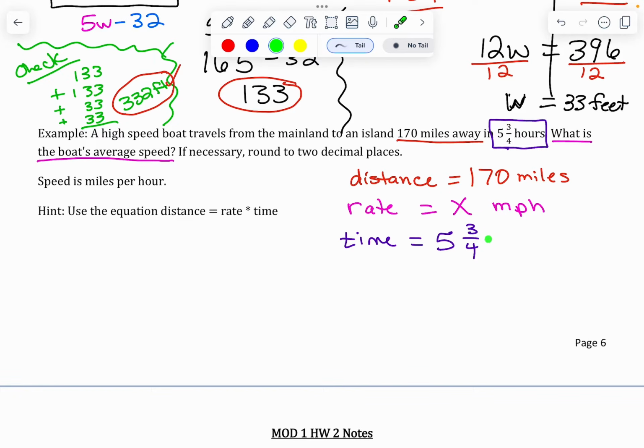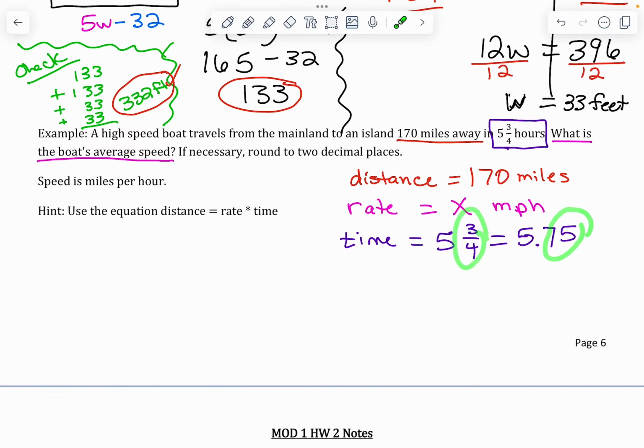So we can plug 3/4 into our calculator, and that's the same as 0.75, or you can think about it like 3/4 equals 75 cents. So that's going to be 5.75 hours.